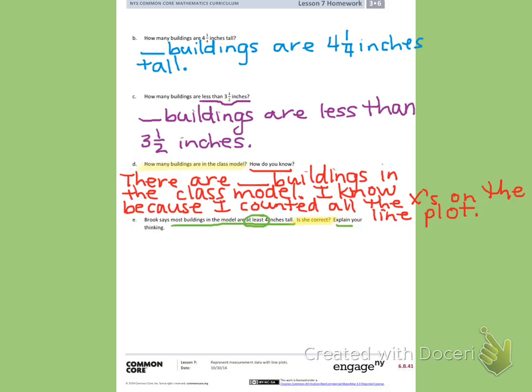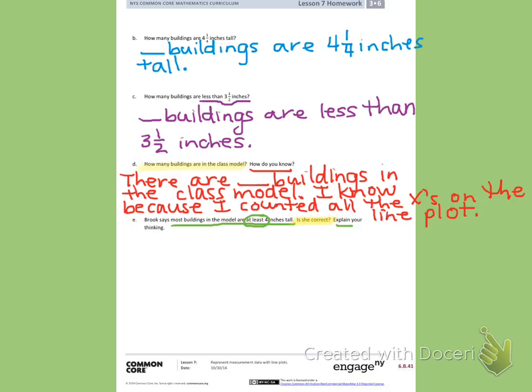Yes or no? And explain why. If most of the buildings are not 4¼ or 4½ inches tall, then you need to explain that she is not correct because more buildings are less than 4 inches tall than are at least 4 inches tall.